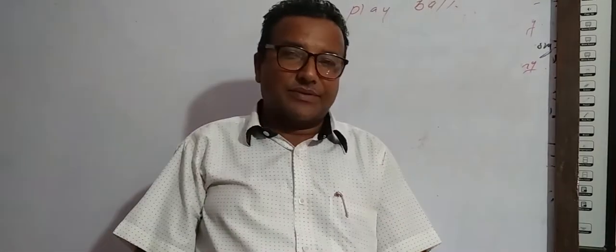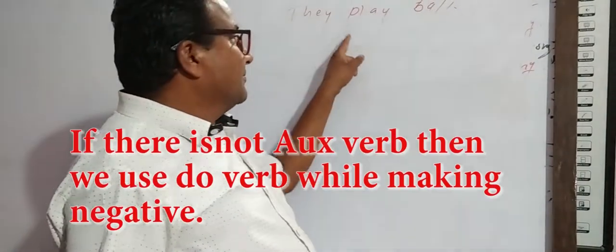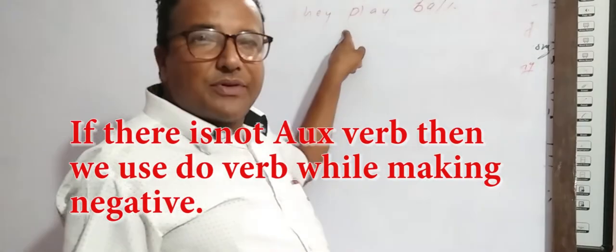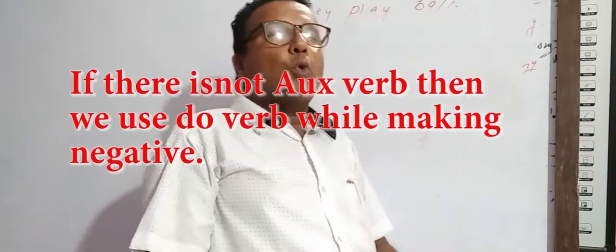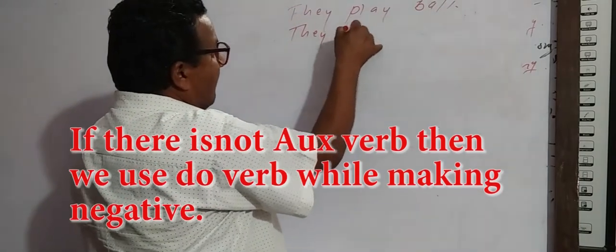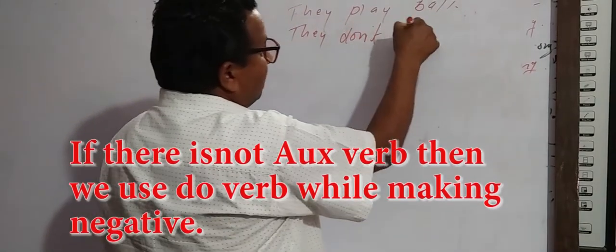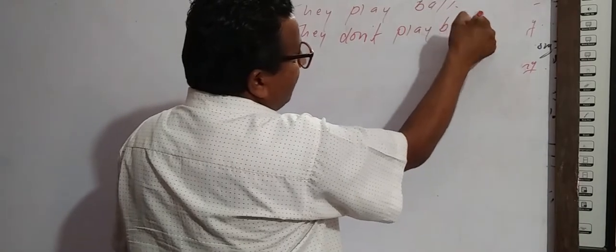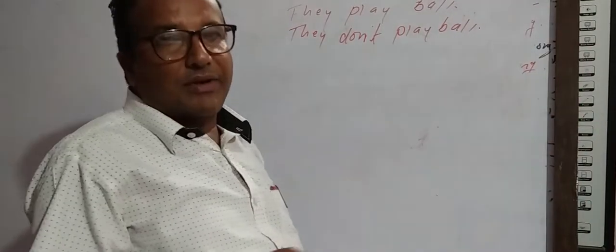There is no auxiliary verb; there is V1, the first form of the verb. In this case, we have to say: they don't play ball. So easy.